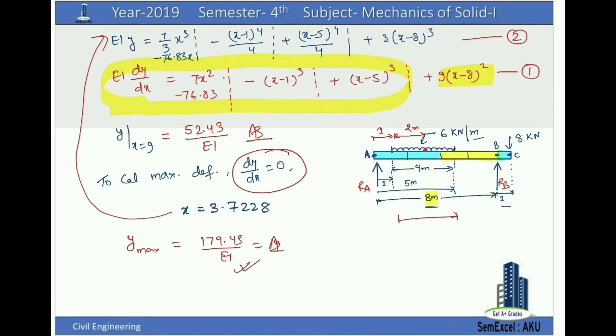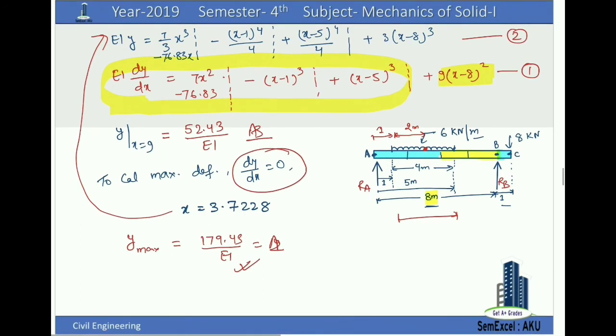So, to solve this type of problem, what steps do you need to follow? The first is to calculate the reaction forces, Ra and Rb. How will you calculate this? By equilibrium equation. Then the second step is to write the moment at x. Choose the section x at the extreme segment.